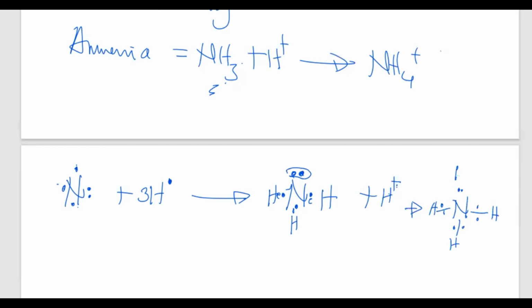Therefore, I'm going to have something like that. And at the end of the day, because nitrogen has given out 1 electron to this hydrogen, I'm going to form a positively charged ion. Hence, you form that structure. I think I'm clear there.